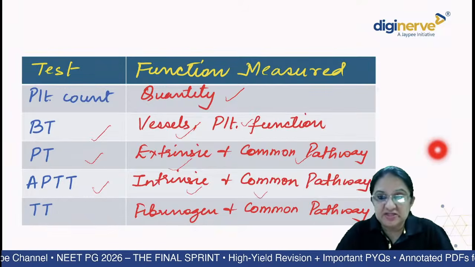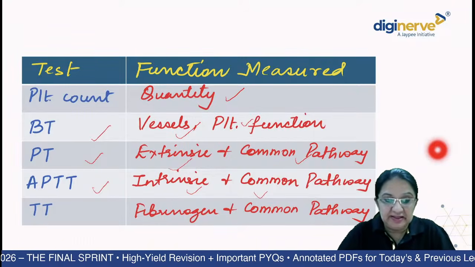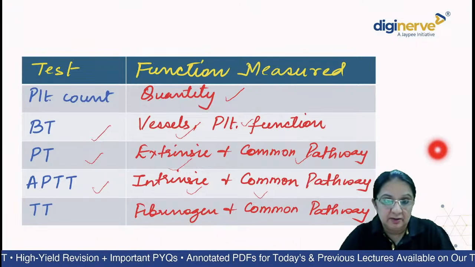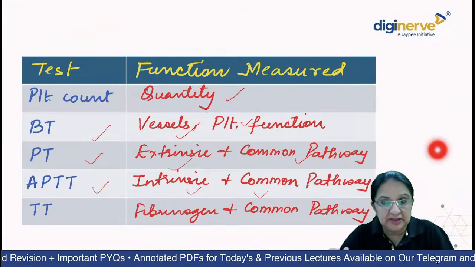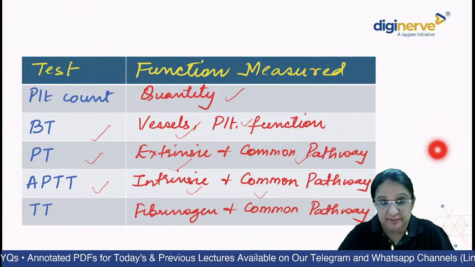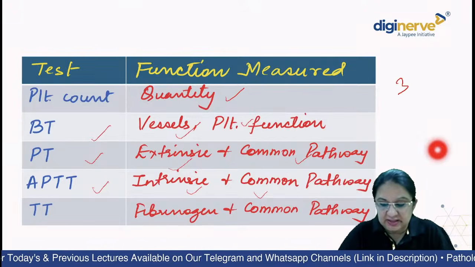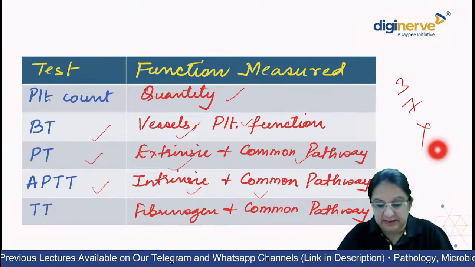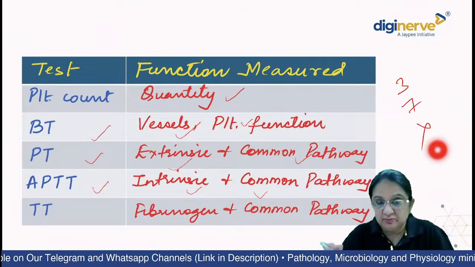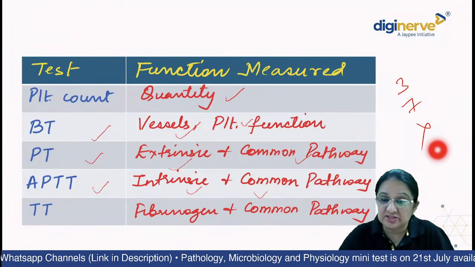Okay, please note how will you learn PT is for extrinsic and APTT is for intrinsic. I hope all of you remember the coagulation cascade. Extrinsic pathway was the shorter pathway. You had 3, 7, and then you came to 10. Shorter pathway. So, PT, shorter pathway. Intrinsic was the longer pathway.